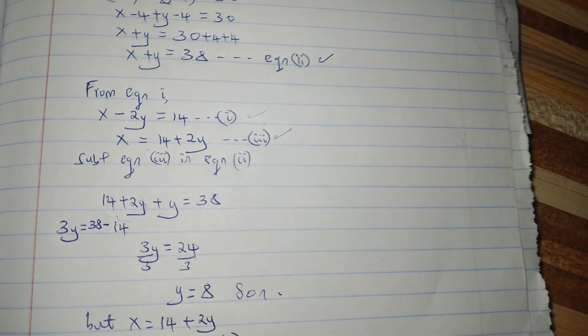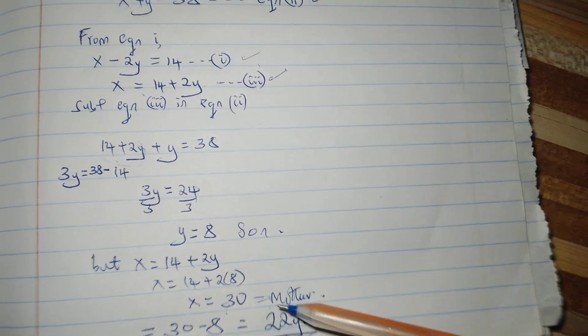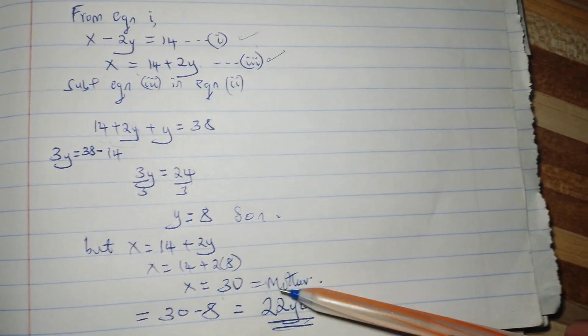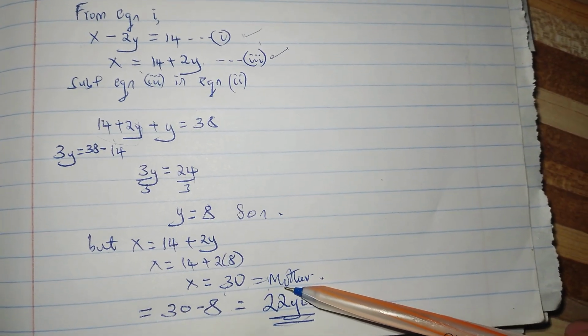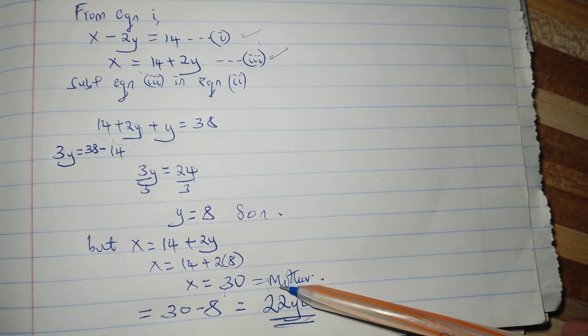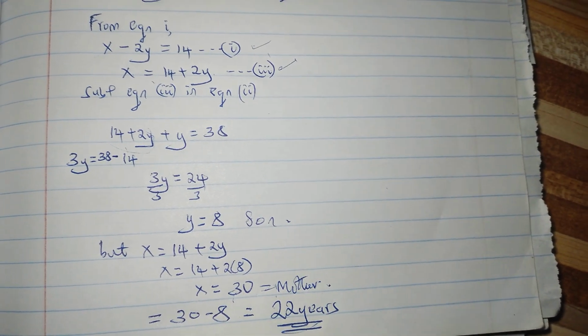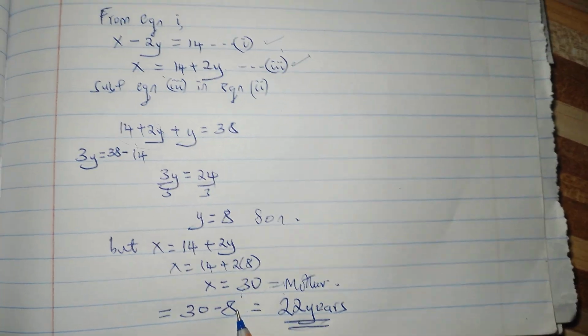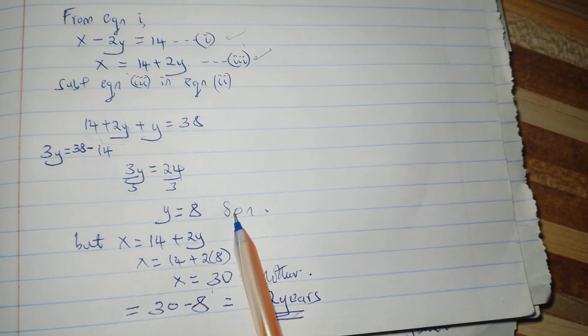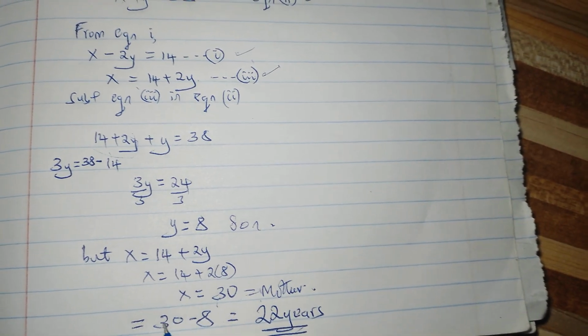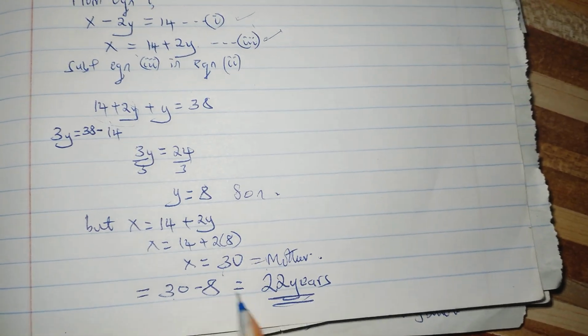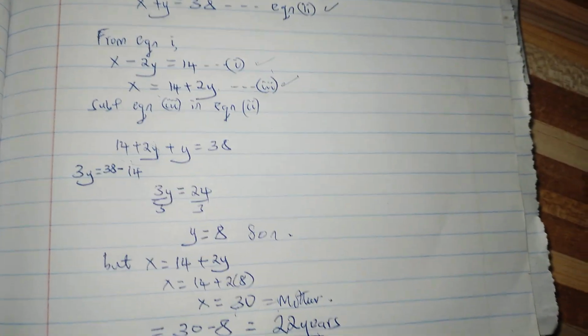Remember, when the son was born, he was 0 years. So to get the age of the mother when the son was born, you will simply take away 8, the present age of the son, from the present age of the mother. So I'll take 30 minus 8. You get 22 years. Kudos.